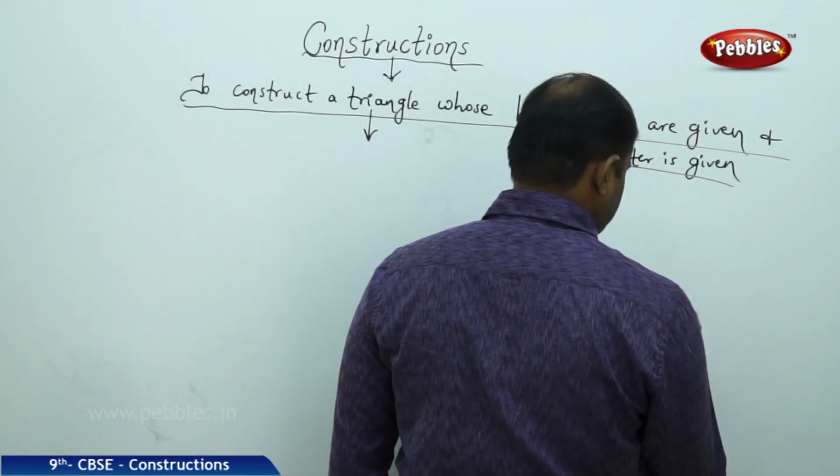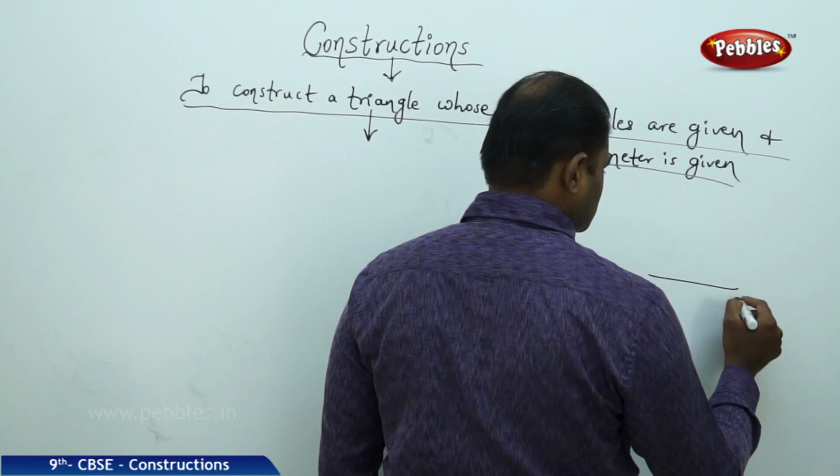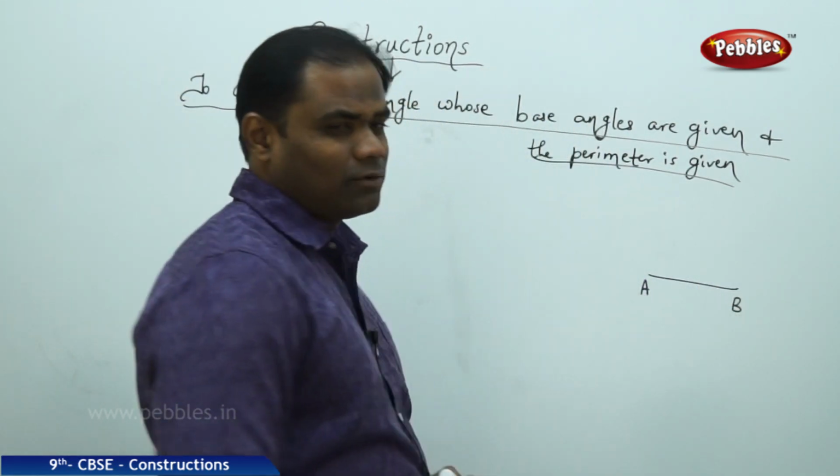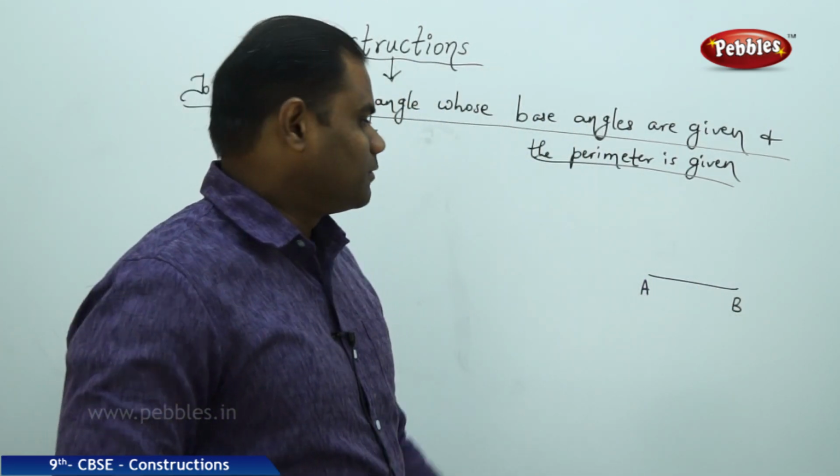So here, if I assume a triangle, we have only the base angles which are given, but we don't have the length.